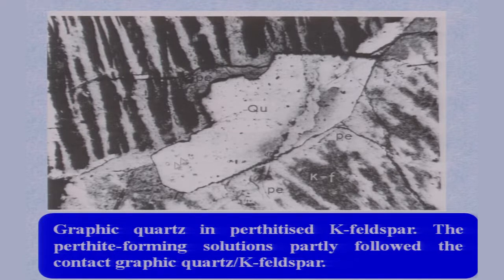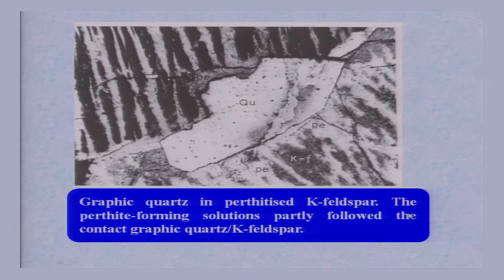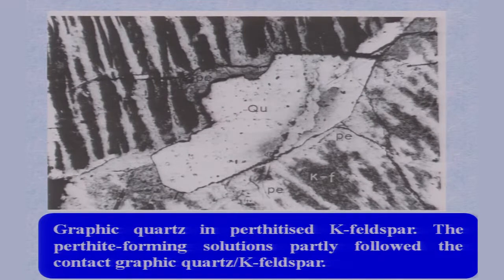In this feldspar, graphic quartz in perthitized K feldspar, the perthite forming solutions partly followed the contact with graphic quartz. I am talking of this contact between quartz and perthitic orthoclase. This is not a simple orthoclase, but a perthitic orthoclase.